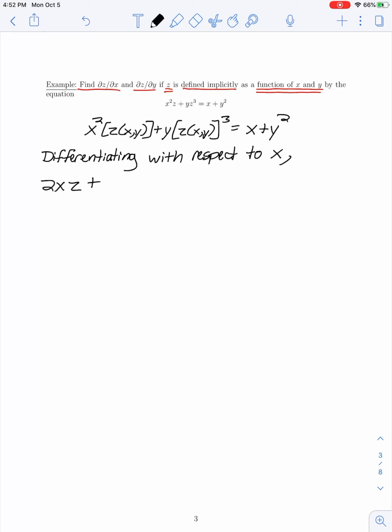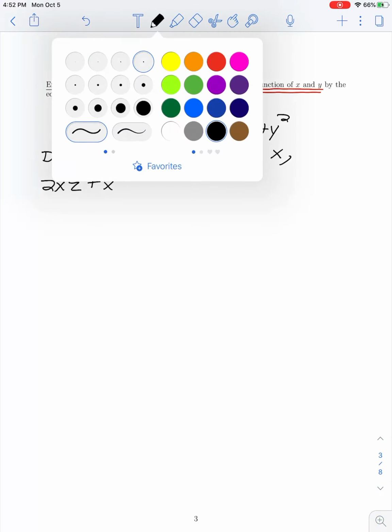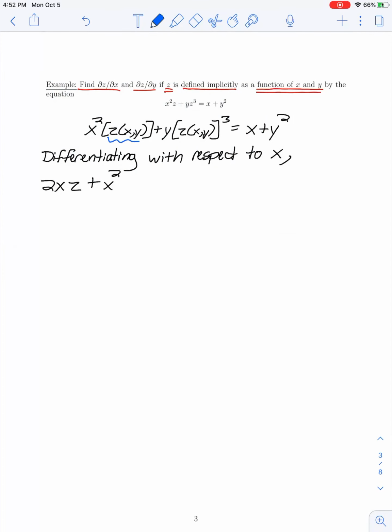And then we would have to add x squared times the derivative of this function z with respect to x. So I could denote that as the partial derivative of z with respect to x.